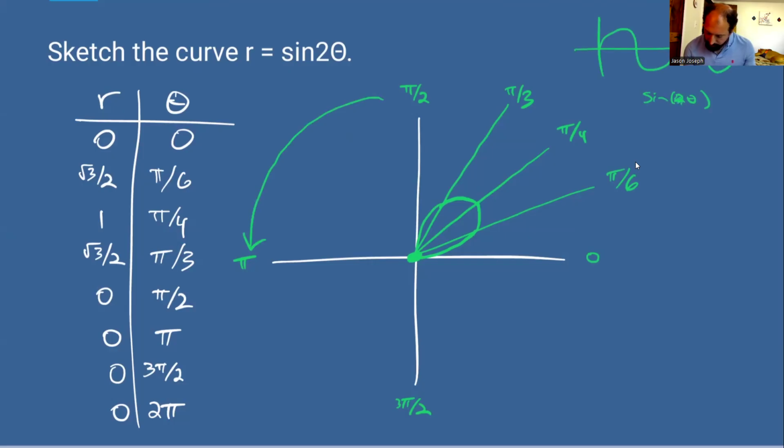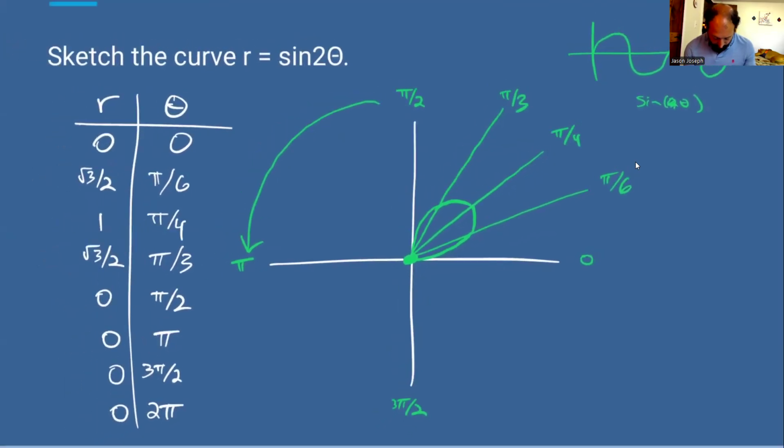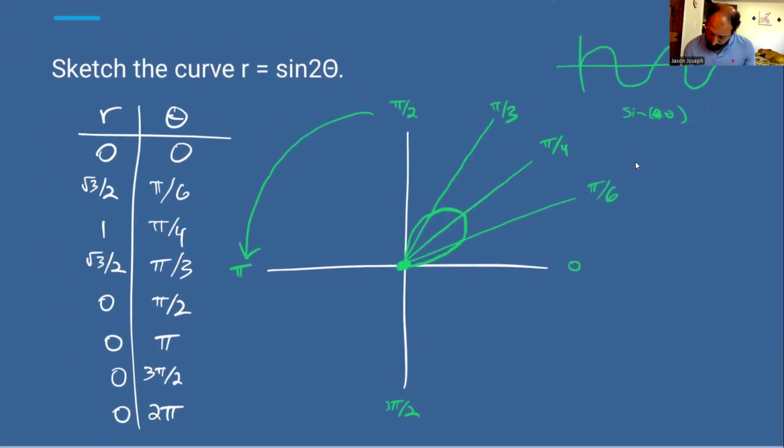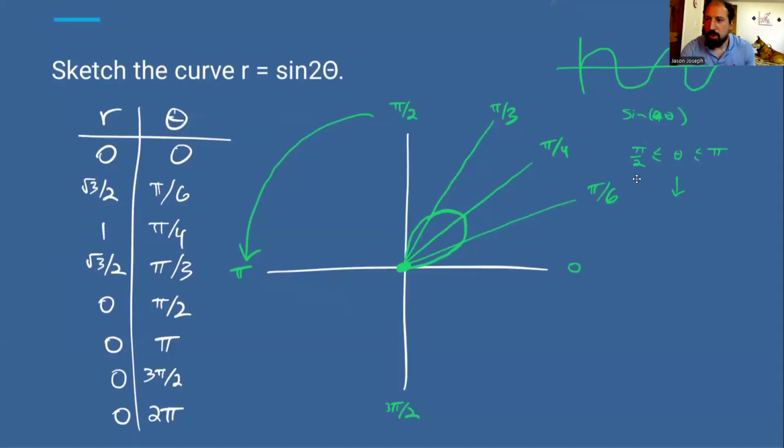I'd rather think of this as sine of theta and just double it. So think of this as sine of theta as we range from pi over 2. Okay, I think I've got it.